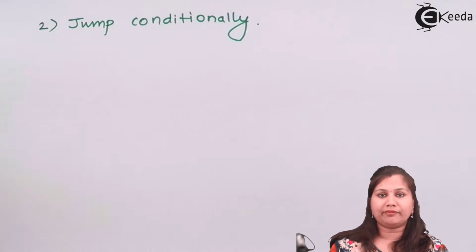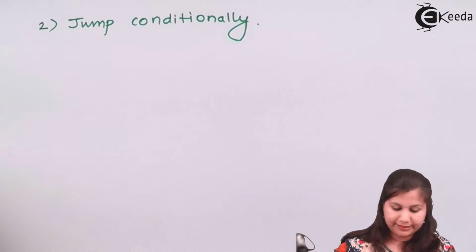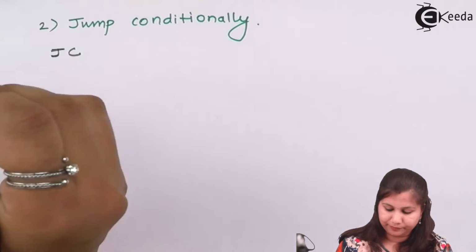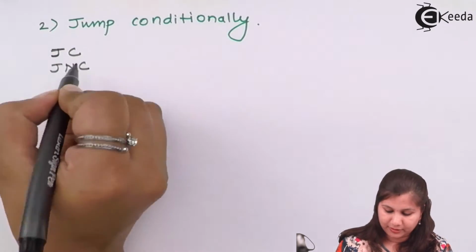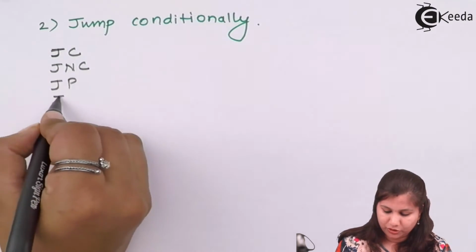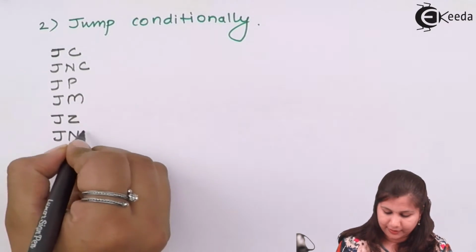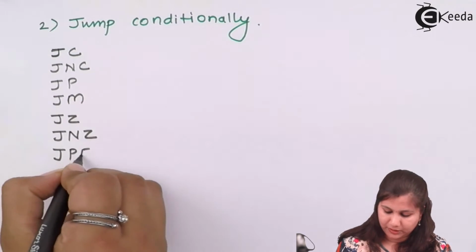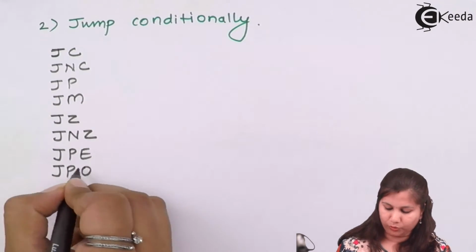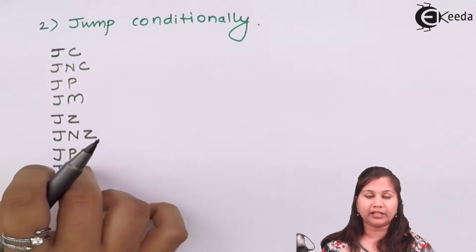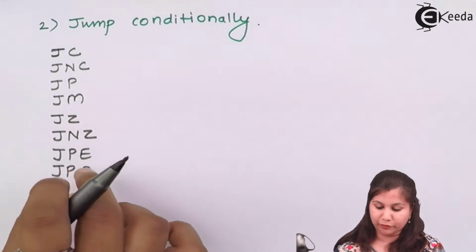Any of these flags can be used to form the conditional jump instruction. The examples of these instructions are JC, JNC, JP, JM, JZ, JNZ, JPE and JPO. So these jump instructions are using the various flags of the 8085 microprocessor.